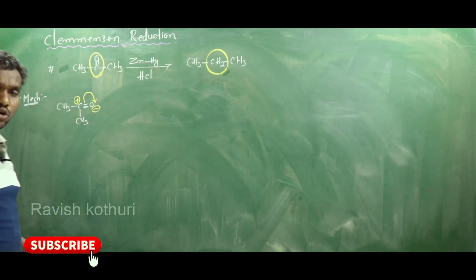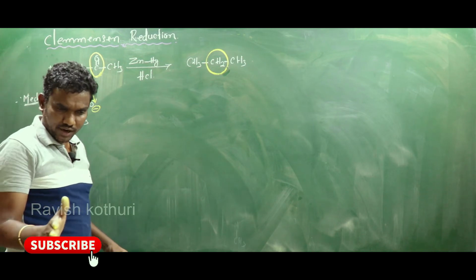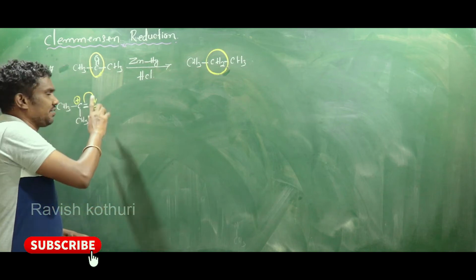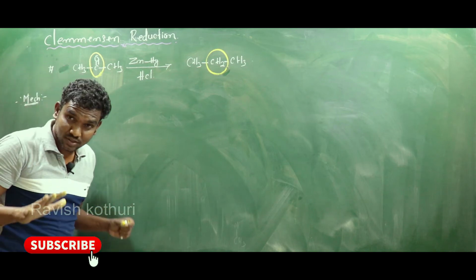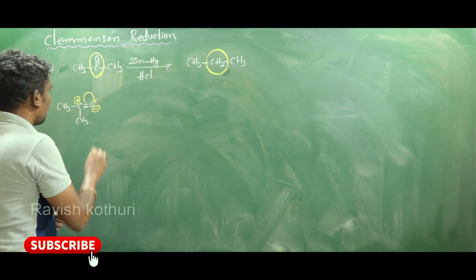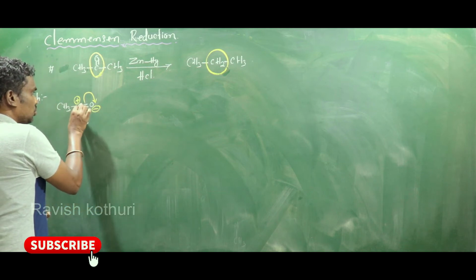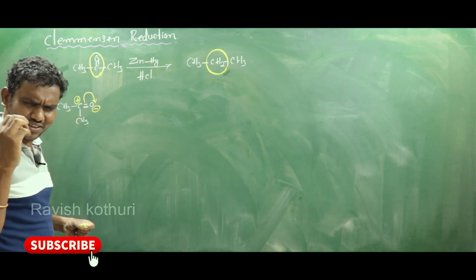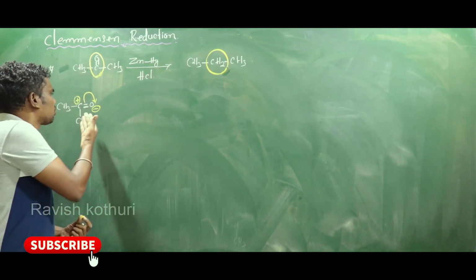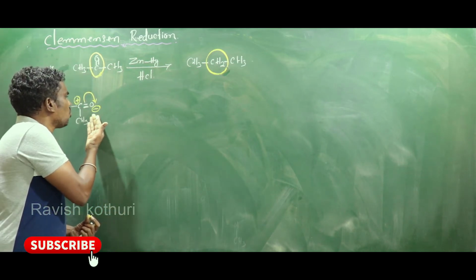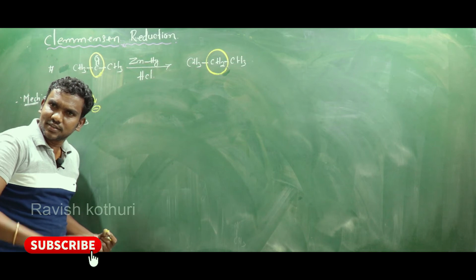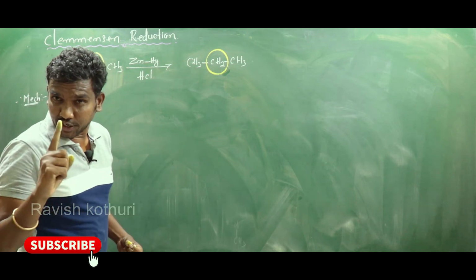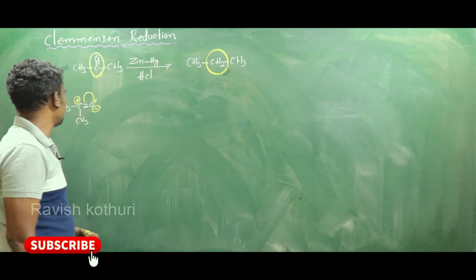In most cases in organic chemistry, heterolytic cleavage takes place, not all cases, right? So what is the reason, sir? I hope you know that the oxygen electronegativity is more than the carbon. So that is the reason oxygen gets negative charge, carbon gets positive charge.